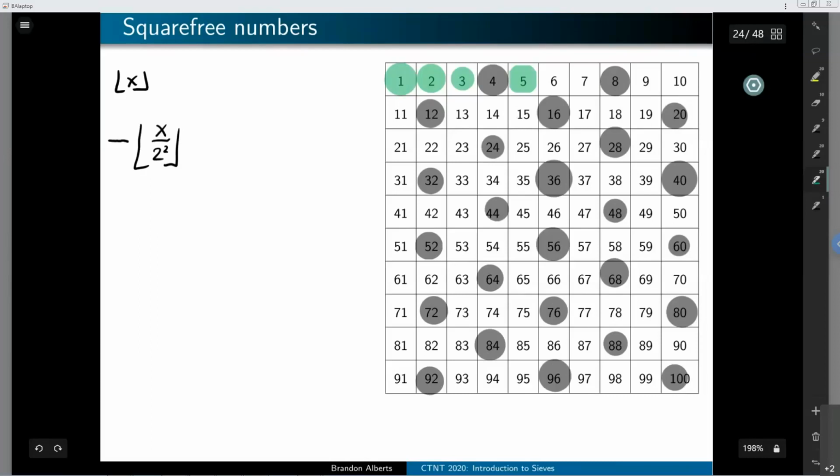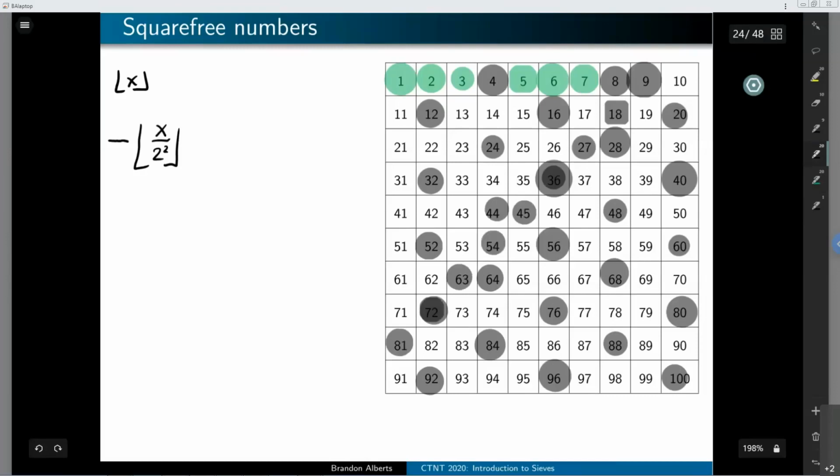5 is square free. 6 is square free. 7 is square free. 9 is not square free. 9 is a perfect square. Now we have to do the same thing. We remove 9, and we have to remove all multiples of 9, because if they're divisible by 9, they're not square free anymore.